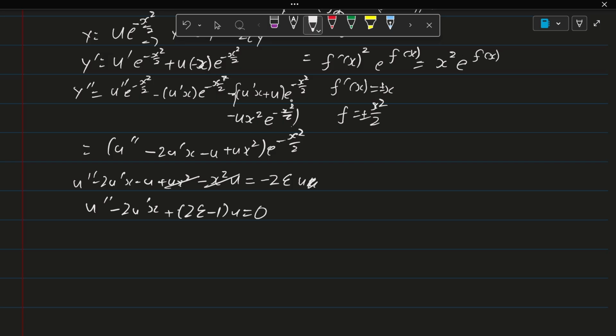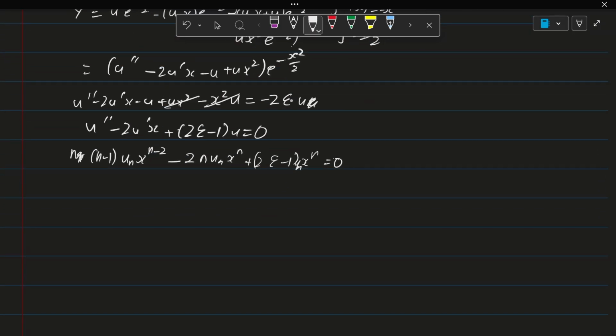But let's just do straight away the Frobenius method. You would get n minus 1 of un x to the power of n minus 2, minus 2 of, so it's x, that means it's n, un x to the power of n minus 1 times x, which is n, plus 2 epsilon minus 1 of x to the power of n un equals 0. And now we're lucky.